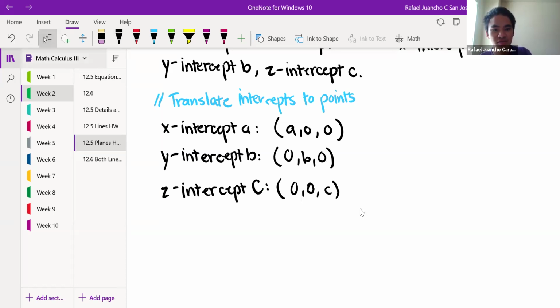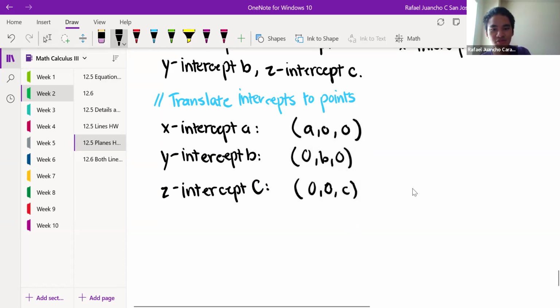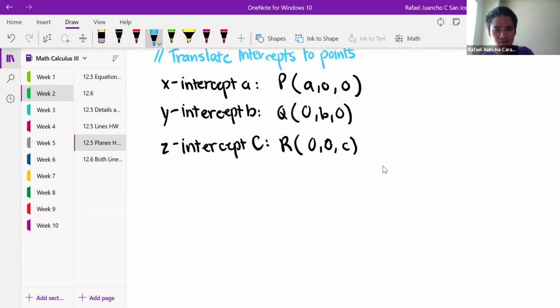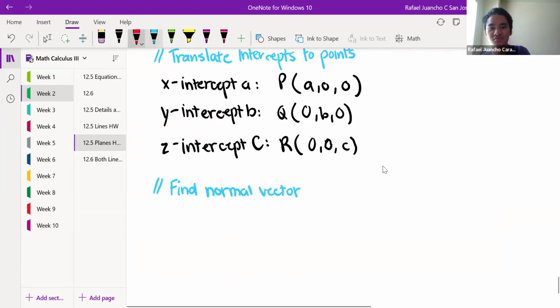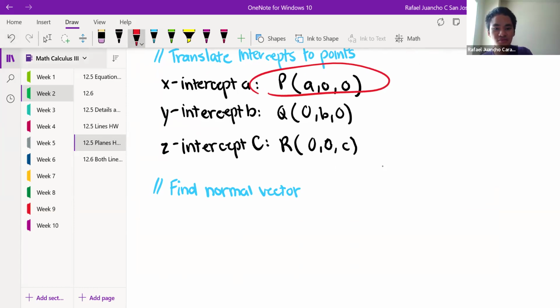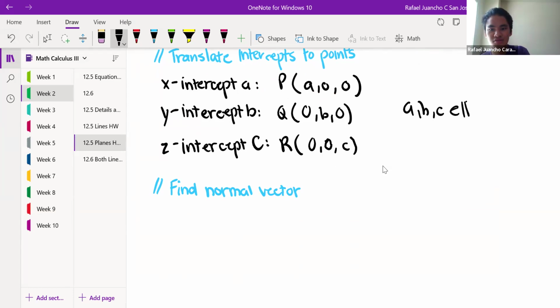Now we can actually name these points, which I'm going to do. Let's just do standard P, Q, R. Could be any, I don't care. So again, we want to find a normal vector. We actually already have our initial point, which is this one, A, 0, 0. A, B, and C are just real numbers.